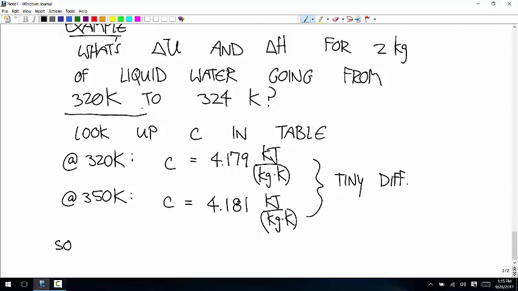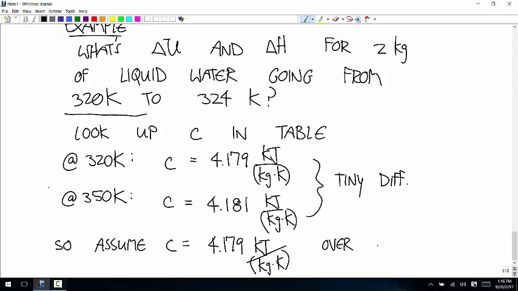So since our temperature isn't changing anywhere near 30 Kelvin, we'll assume that C is equal to 4.179 kilojoules over kilograms Kelvin over the whole range.